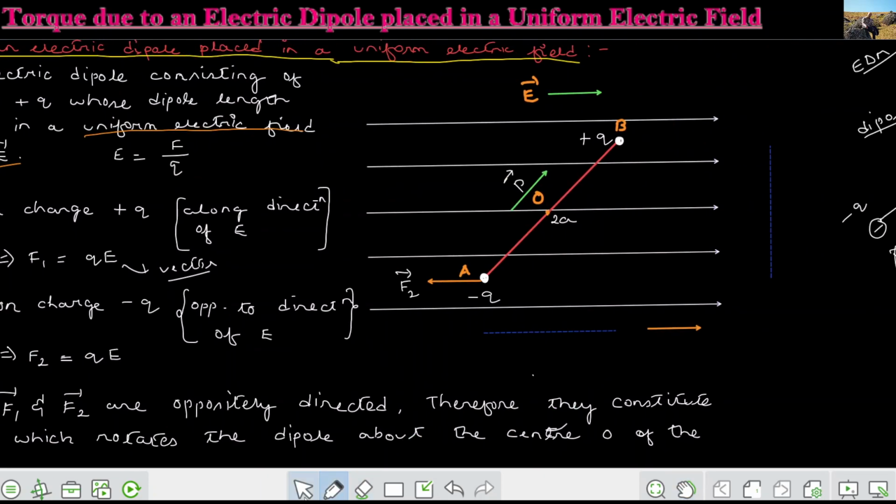Another vector represents force F1. It acts on this charge plus Q in the direction along the field lines. So let this vector represent that force on charge plus Q, acting along the direction of the applied field.